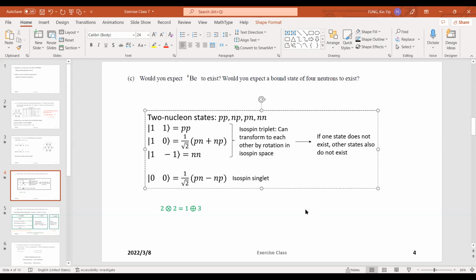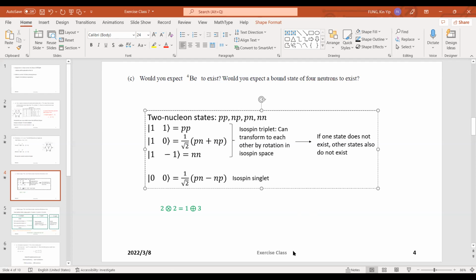I'm not very sure. Yeah, because spin is responsive to the magnetic field, but for isospin, I don't know what field it corresponds to. I'm also not sure. Maybe I have to check.